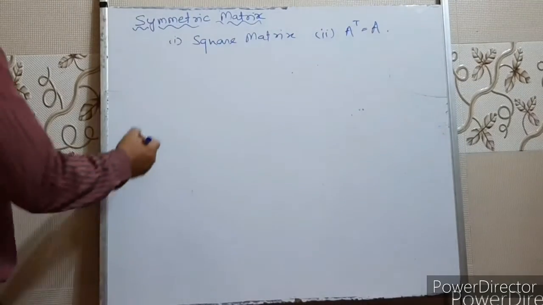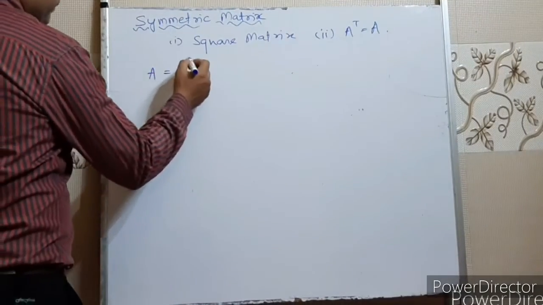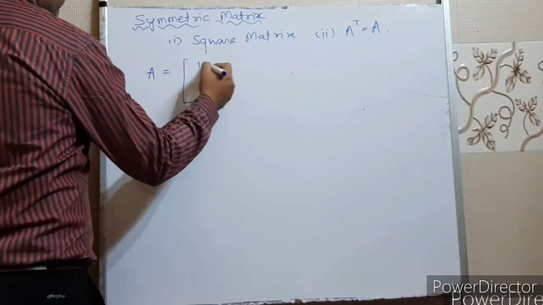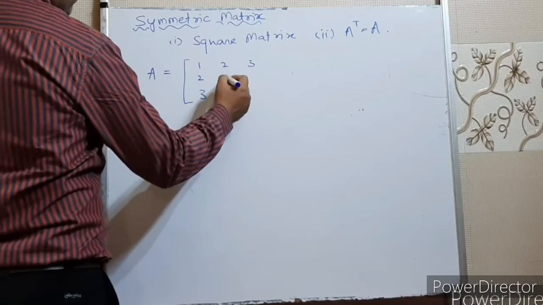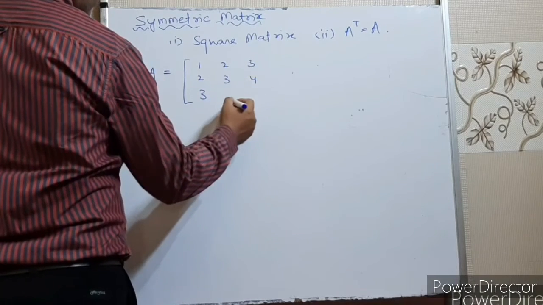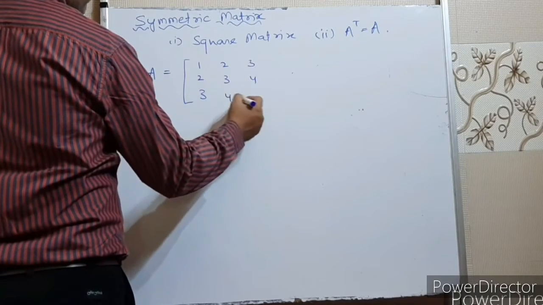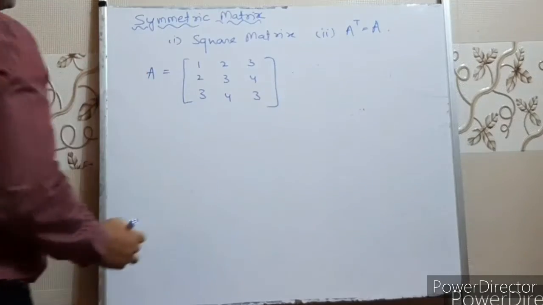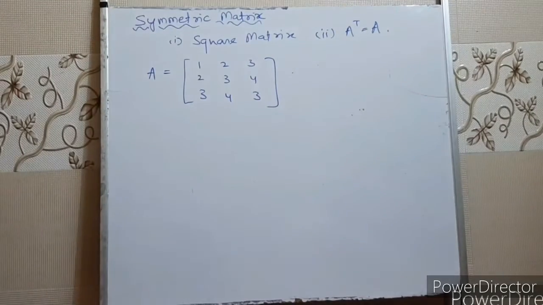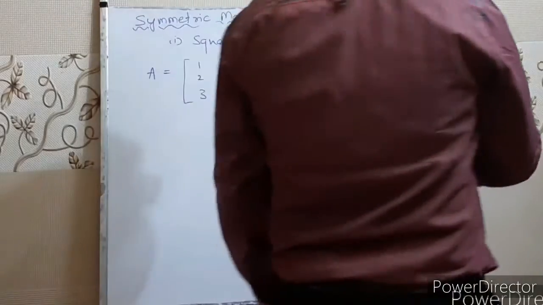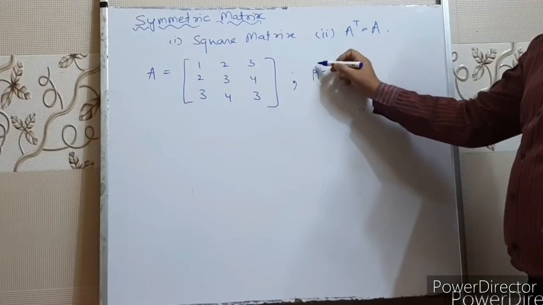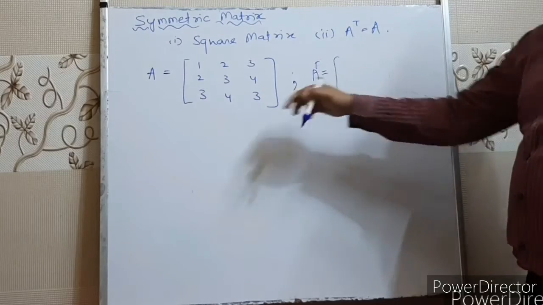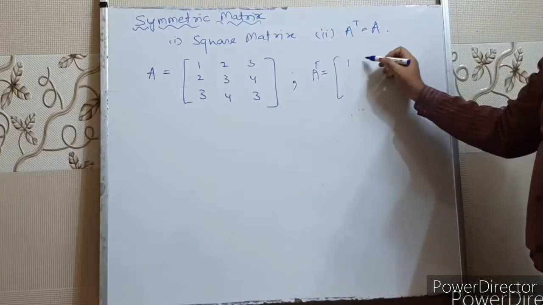Let's see one example. Take a matrix A. This is our matrix A. If you do the transpose of this matrix, what will we get? Interchange the rows and columns. The row 1, 2, 3 will become the first column.